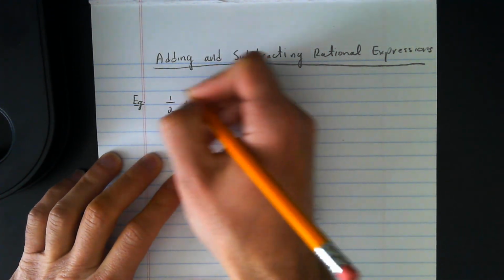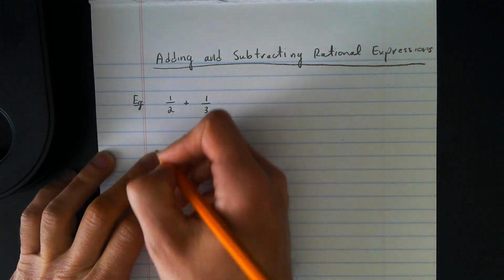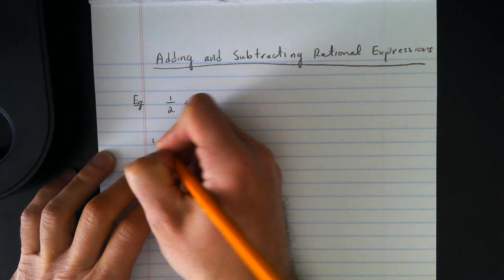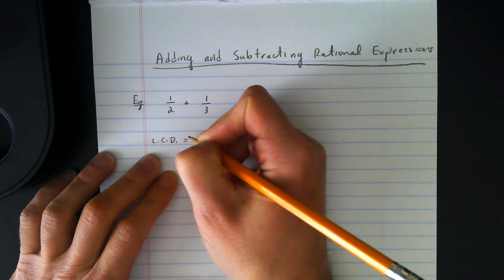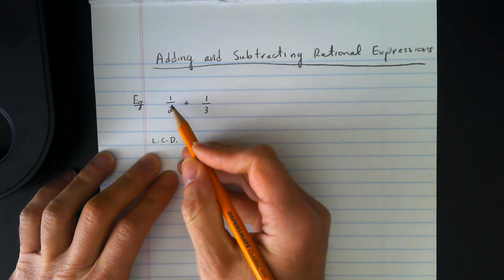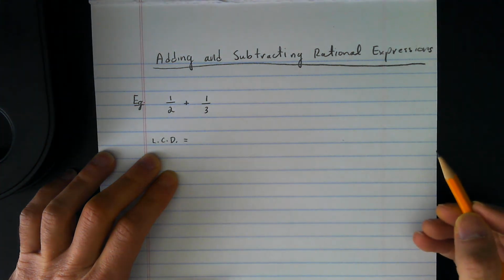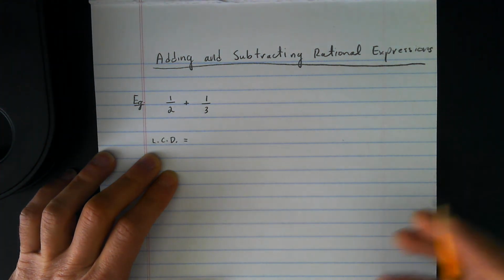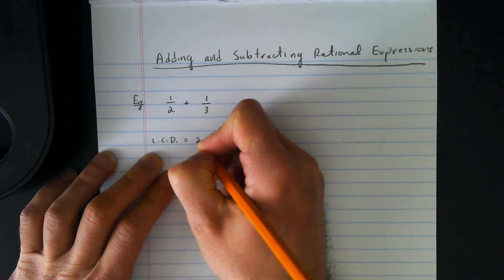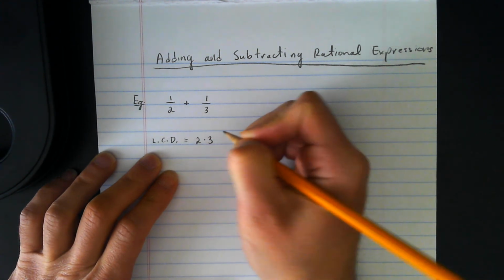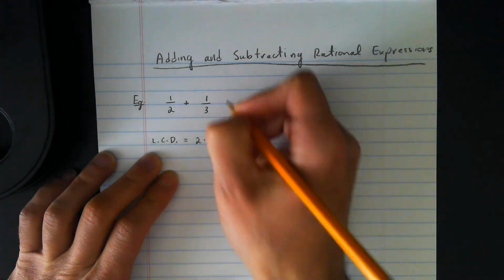We want to find the least common multiple of 2 and 3. Just like in the last video, we take the highest exponent appearing on any prime factor. So here, our least common denominator is 2 times 3, which is 6.